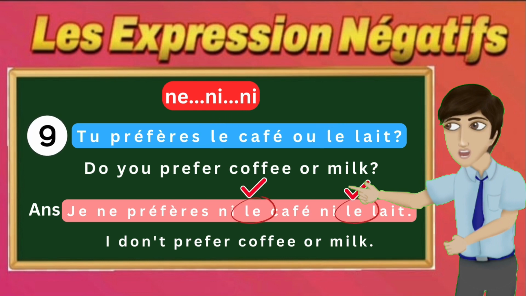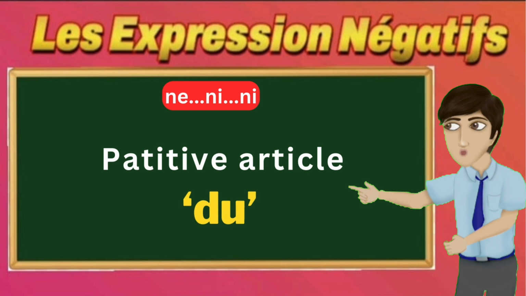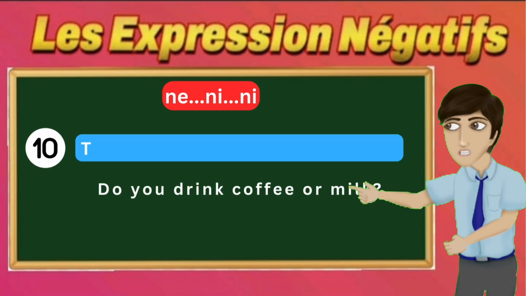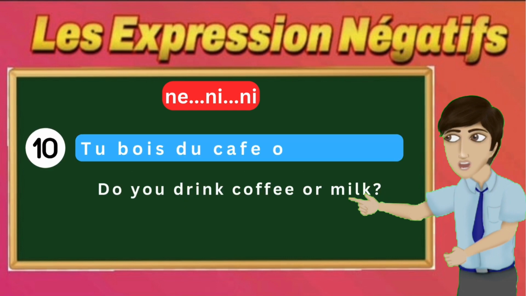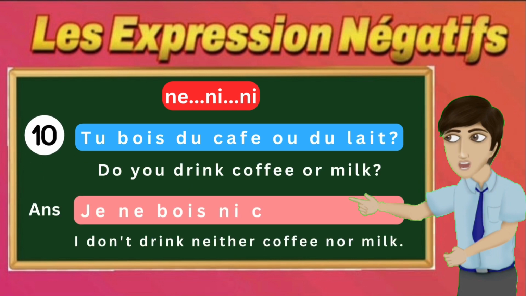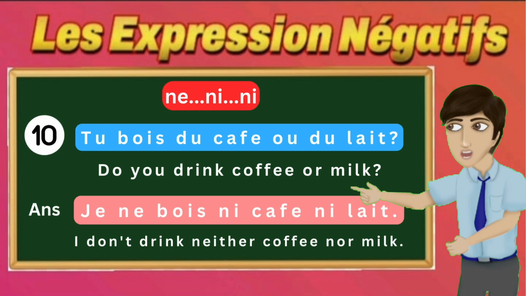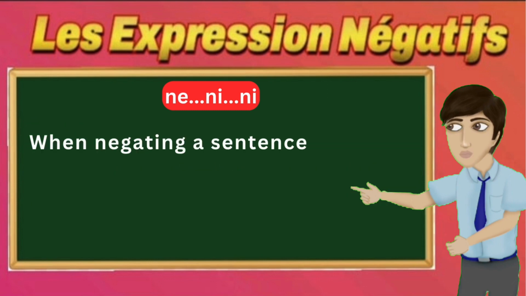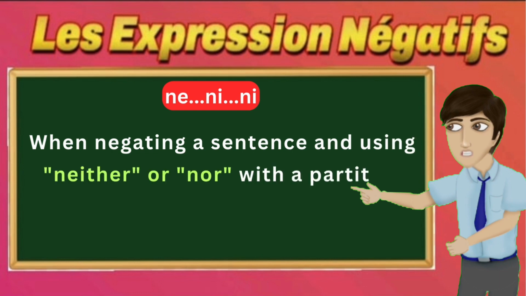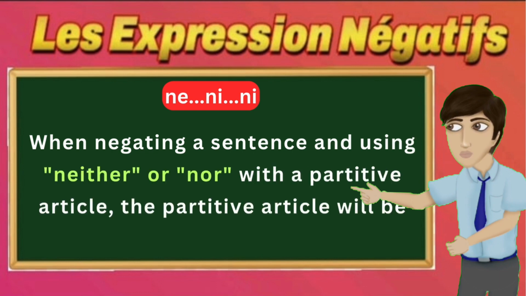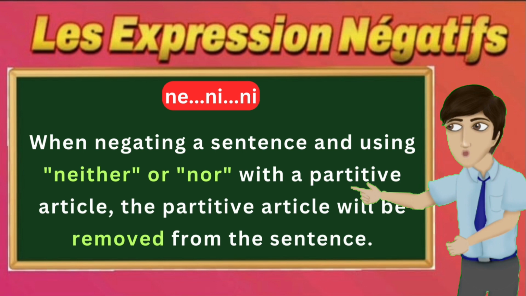Let's take a similar sentence with the partitive article du. Tenth. Tu bois du café ou du lait? Do you drink coffee or milk? When we want to negate it, we say, Je ne bois ni café ni lait. I drink neither coffee nor milk. When negating a sentence and using neither or nor with a partitive article, the partitive article will be removed from the sentence.